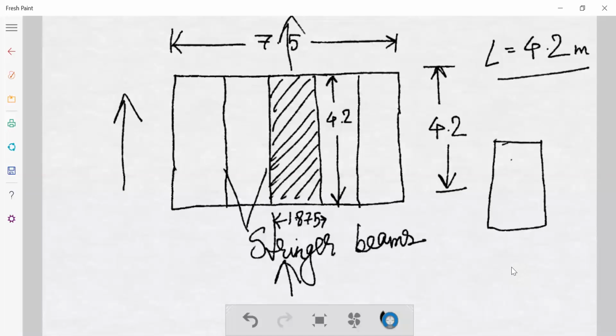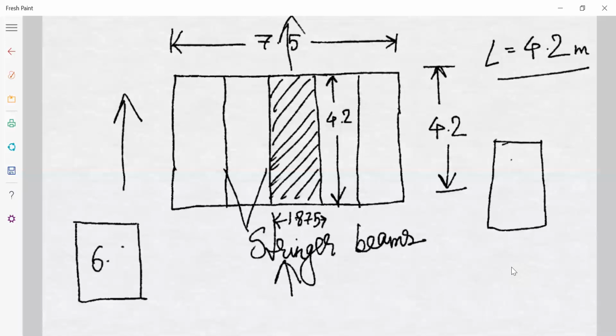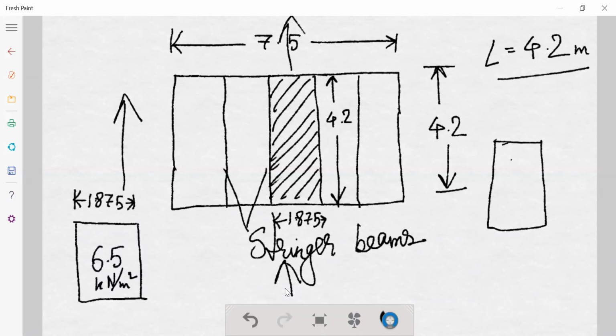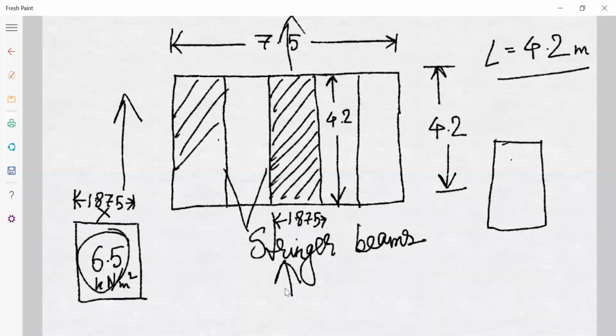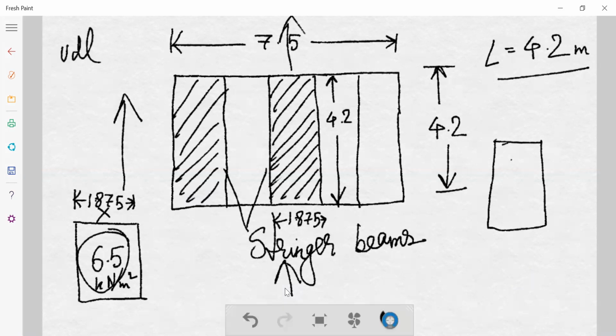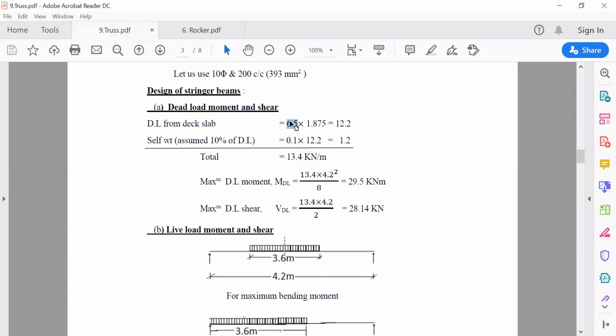If this is the deck slab, already we have got 6.5 kilonewton per meter square. If I multiply with 1.875, the width, then you get the UDL. So that is what is done here.